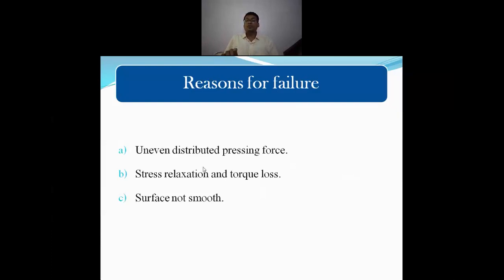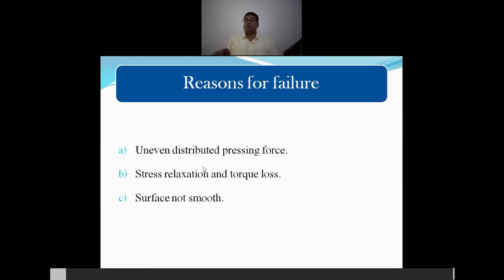So uneven distributed pressing force is very important in case of failure. Even at the time of tightening, they can fail. If you tighten at one end only, then it is bound to fail.